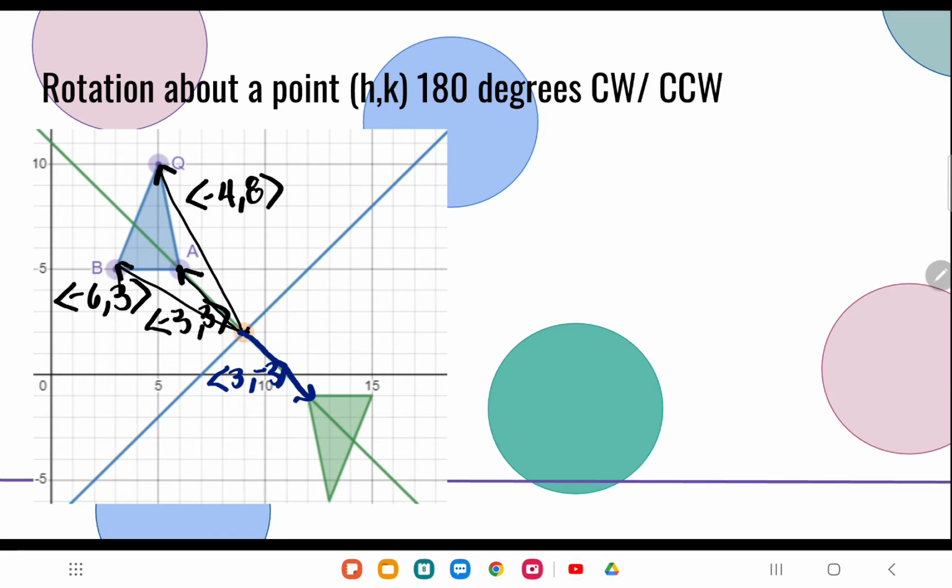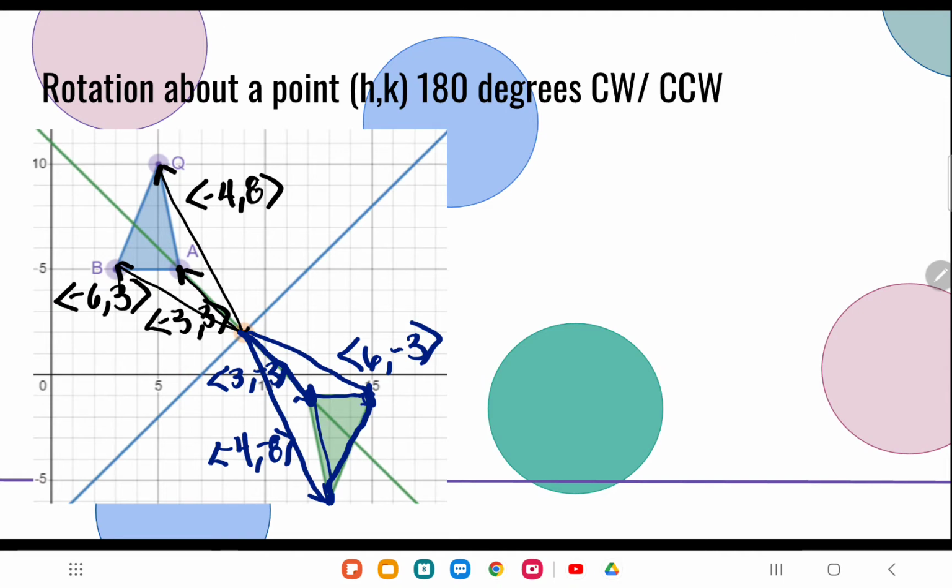From the center of rotation to Q prime will be 4, -8. And from the center of rotation to B prime will be 6, -3. By plotting and connecting these vertices, I obtain the rotated figure A prime, B prime, Q prime.